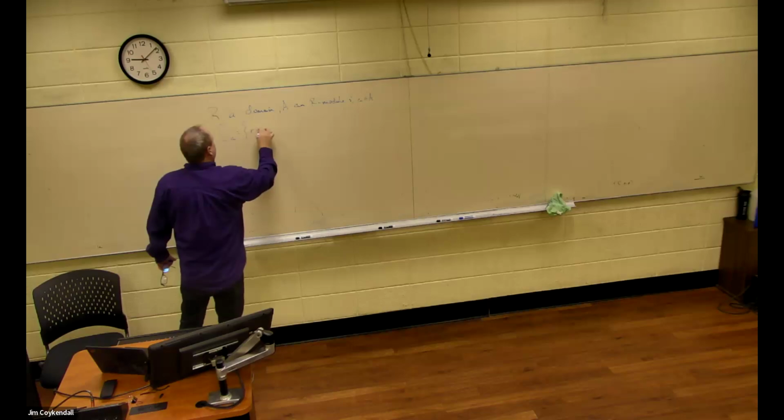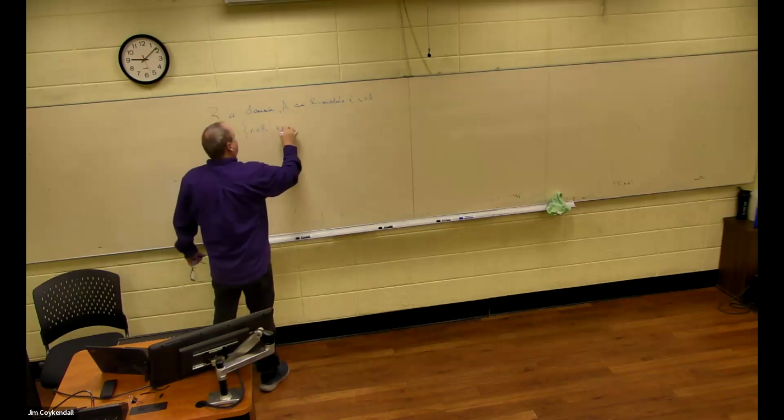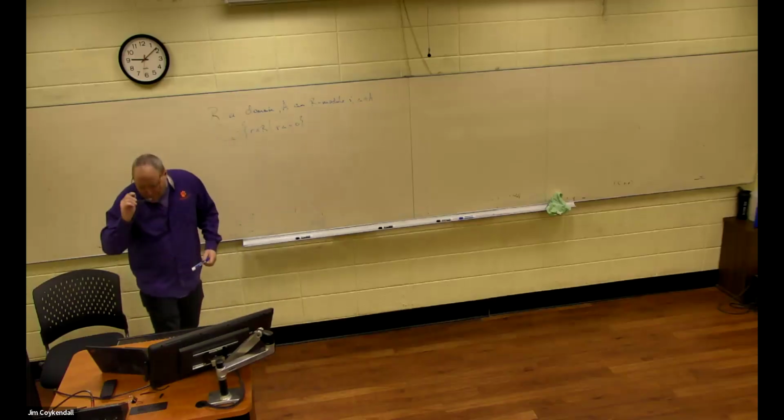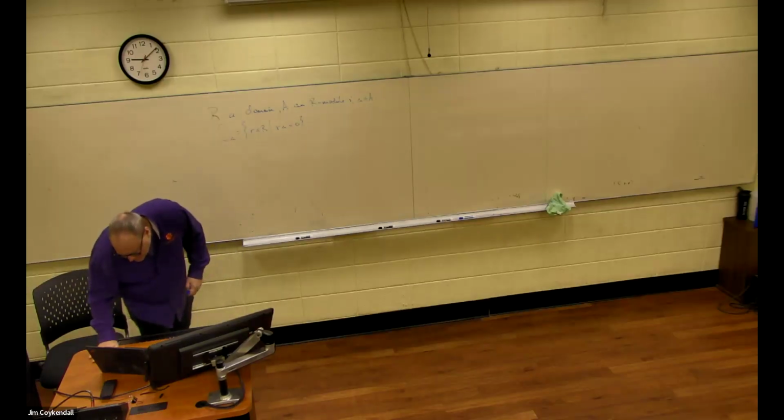This is the set of r in R such that r kills a. Sometimes this is called the annihilator of a.